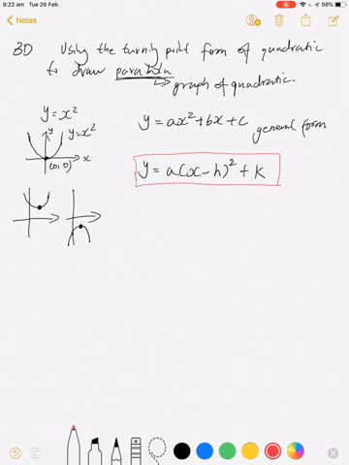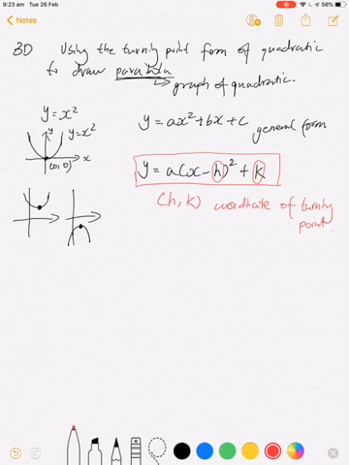What makes it special, and why it is called the turning point form, is that this form tells us the turning point straight away. See this h and k? The coordinate of the turning point is (h, k).